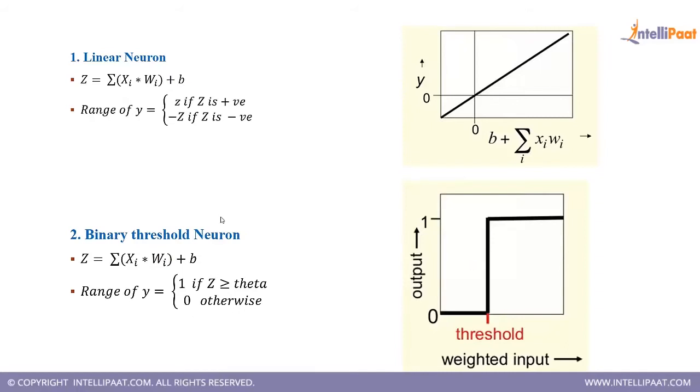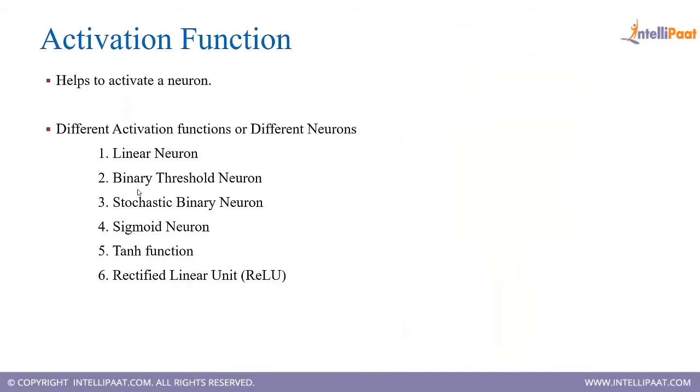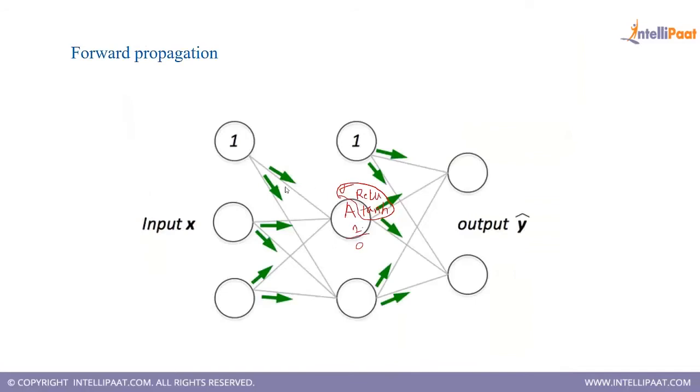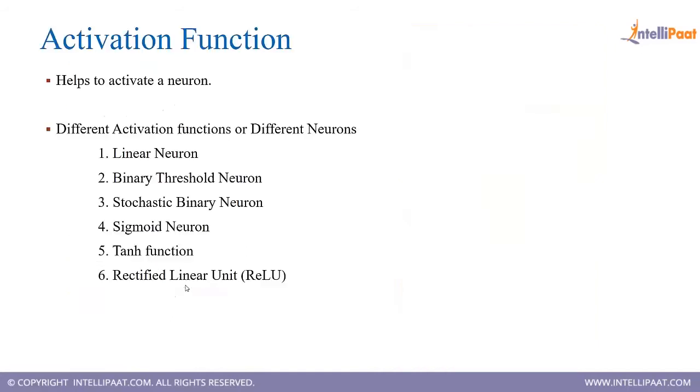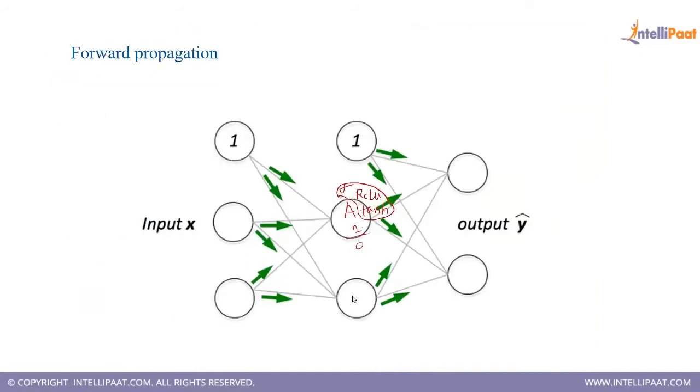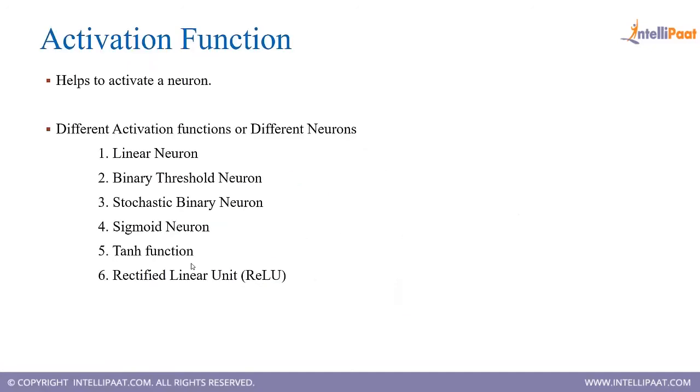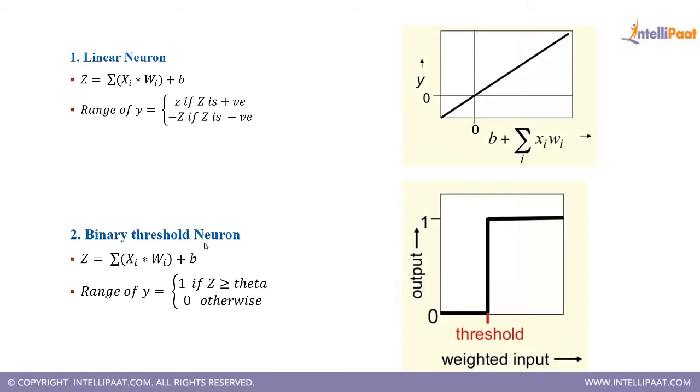When you compute the z value, the summation with biases, and it is above the threshold, you turn that neuron to 1. Else you turn it off, 0 or 1. That is the binary threshold neuron. The range would be between 0 and 1.